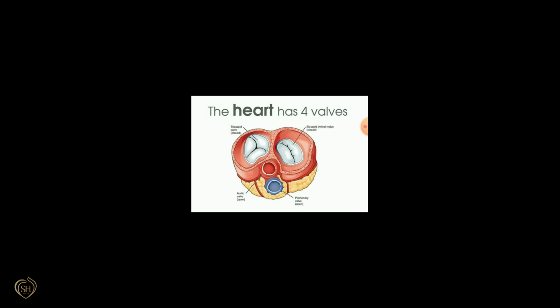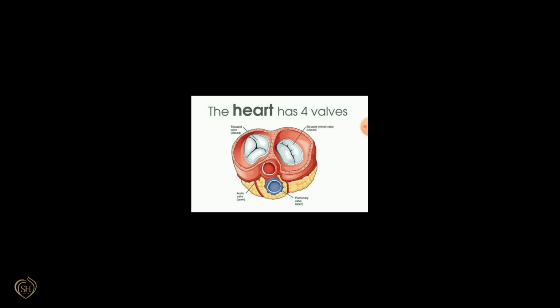Cuspid valves are located between auricle and ventricle. There are also 2, in between the left auricle and the left ventricle and in between the right auricle and the right ventricle. And on the right side, this valve has 3 flaps.